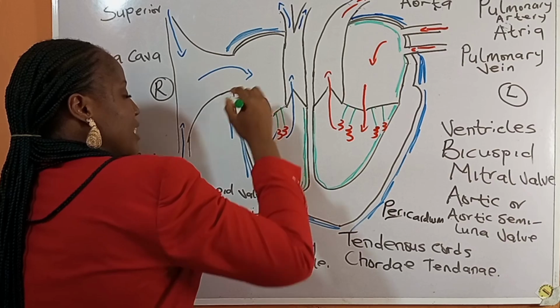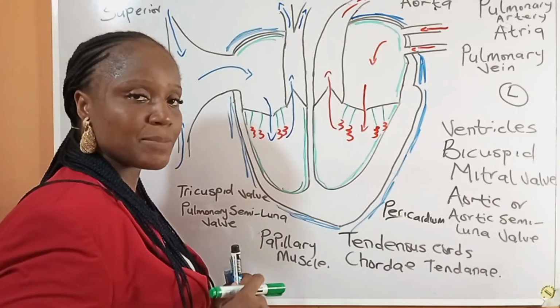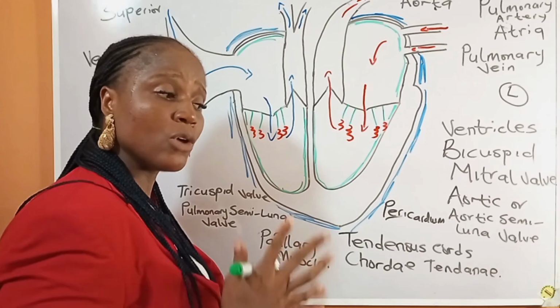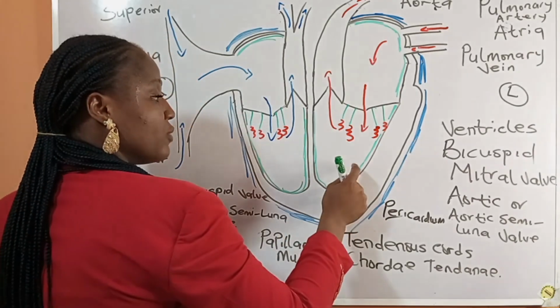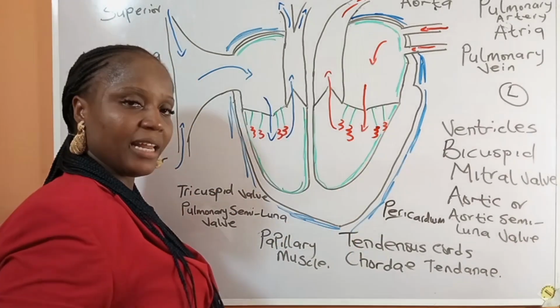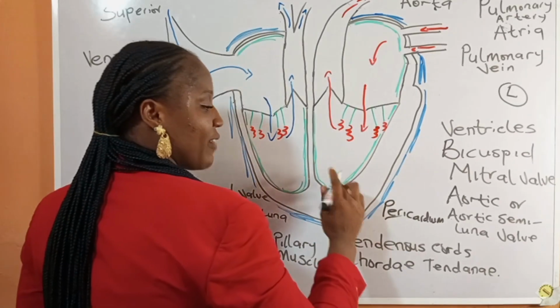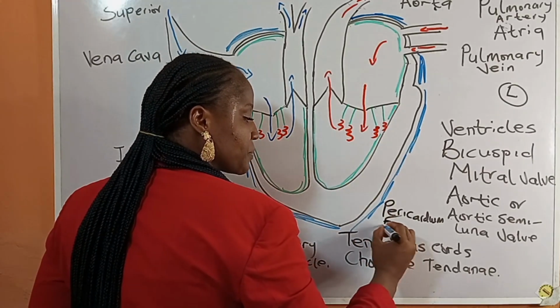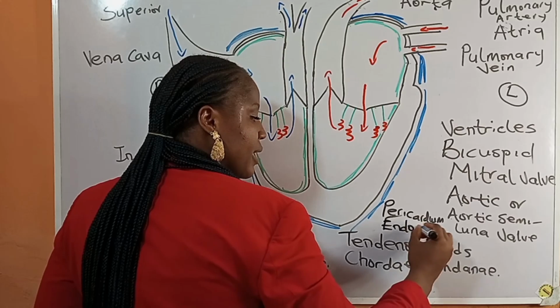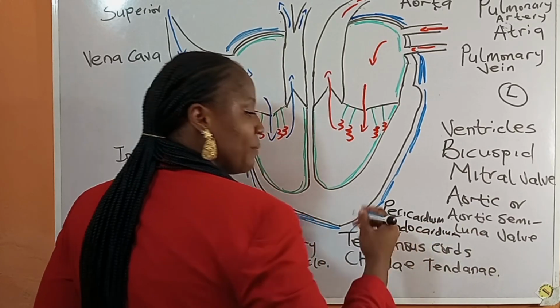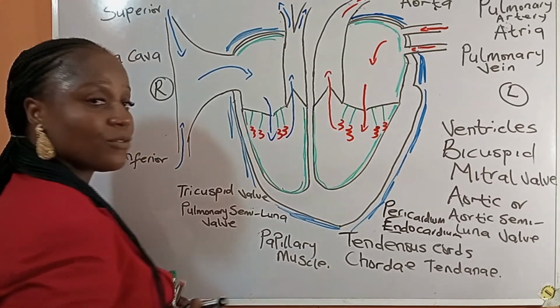As the heart is working, it doesn't experience turbulence. You can sometimes hear your heart making some kind of movement, so it is the work of this thin layer of muscle to ensure that doesn't happen. And this layer is referred to as the endocardium. Endo means inside and cardium for the heart.